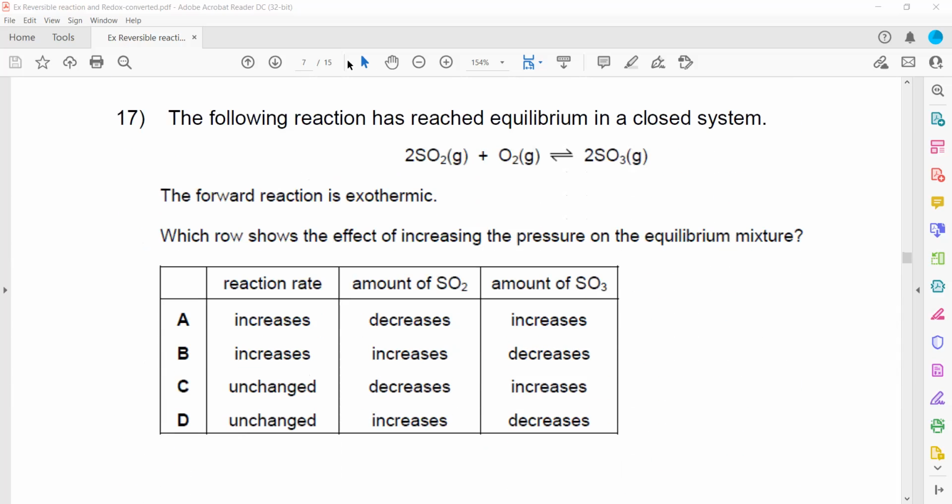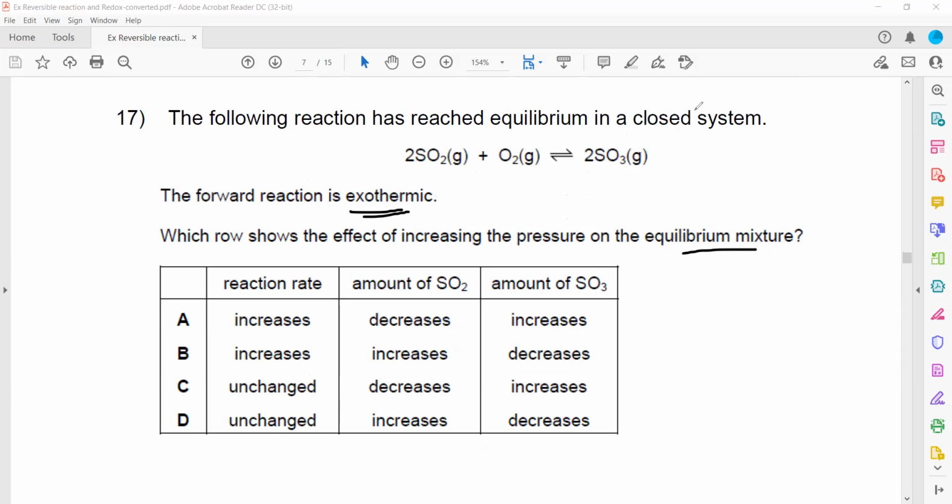Question 17, which is related to reversible reactions. The following reaction has reached equilibrium in a closed system: sulfur dioxide reacts with oxygen to give sulfur trioxide. The reaction is exothermic. Which row shows the effect of increasing the pressure on the equilibrium mixture?